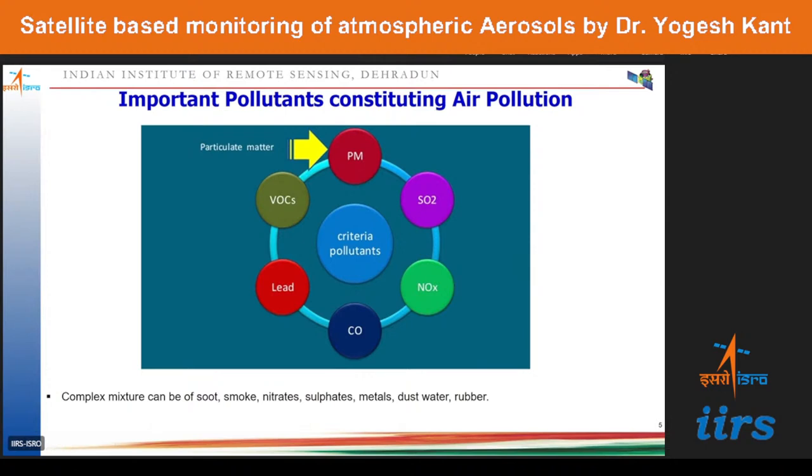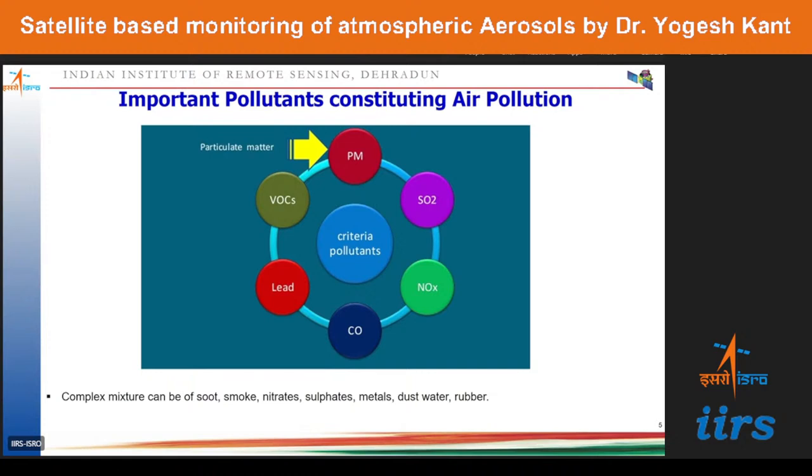PM2.5, on the other hand, is known as the respirable particles, and it can penetrate further, not only the respiratory tract, but also it can enter our lungs and our blood tissues. The size, the mass, and the concentration of PM2.5 or PM10 are directly related to causing adverse health impacts on humans.